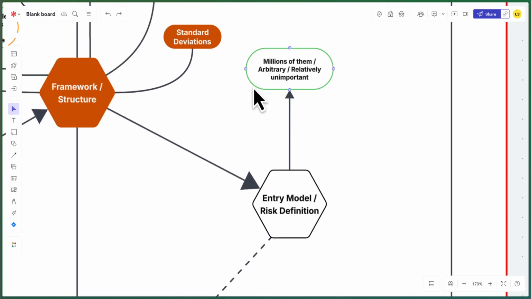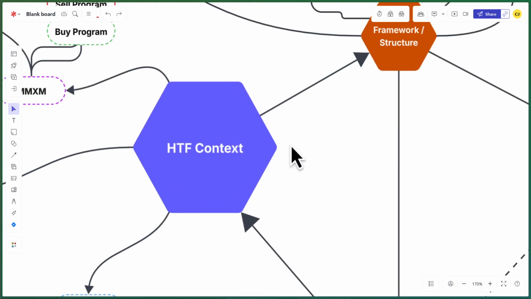There are millions of entry models, and it's very arbitrary and relatively unimportant. What your entry model is doesn't matter as much, because your entry model essentially is your risk definition. It basically entails: what am I assuming risk on? Where's my stop loss? Where's my take profit? But let's not be too fast. Let's go back to the beginning.